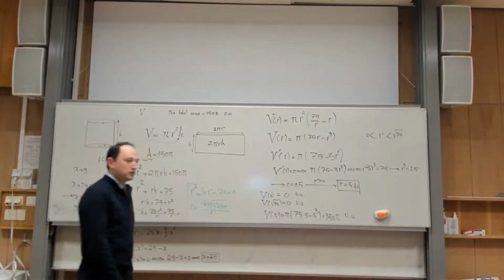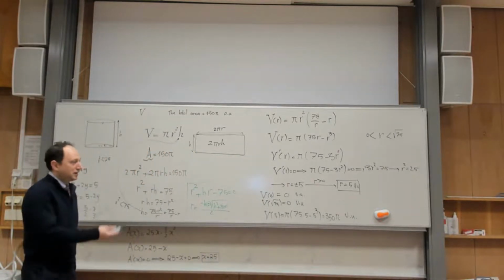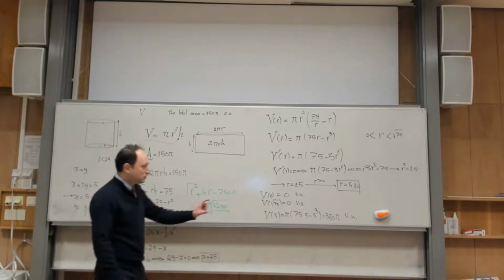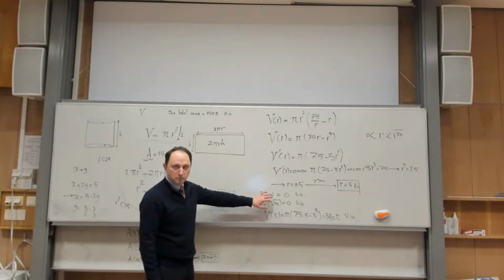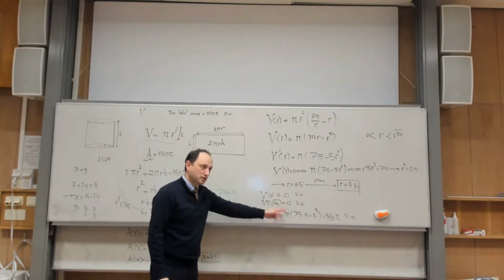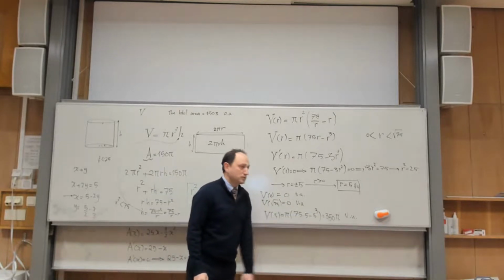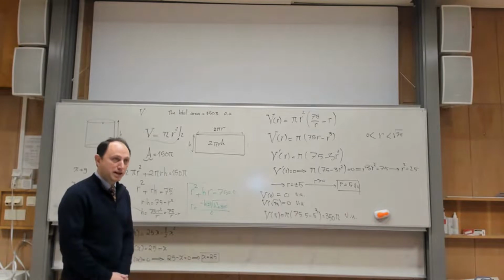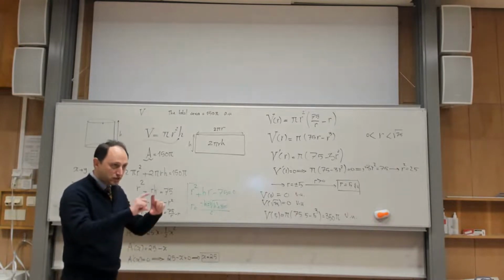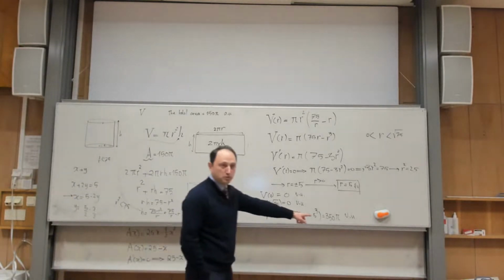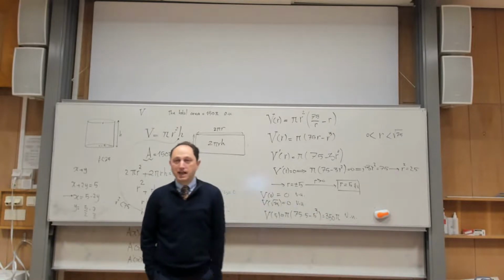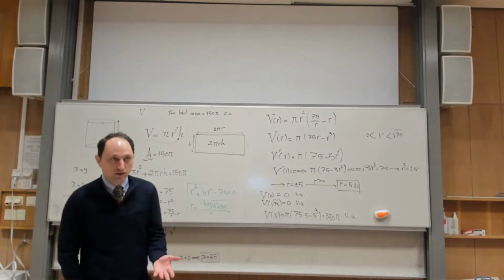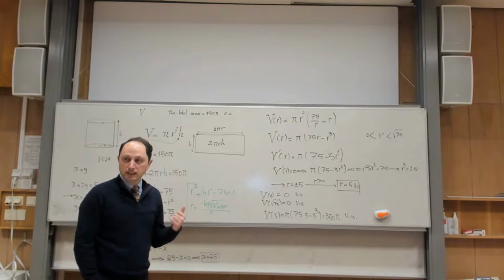But you are looking for the maximum value. So, of course, as I told you, you really don't need to be worried about these boundary points, because this is the 0, and definitely this is the maximum volume. In this problem, they have asked you about the maximum volume, so the answer that you have to provide is this number. But sometimes they ask you for the dimensions of the cylinder.